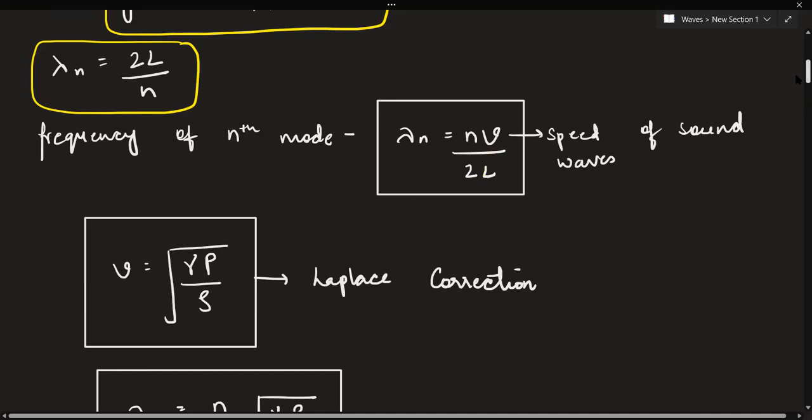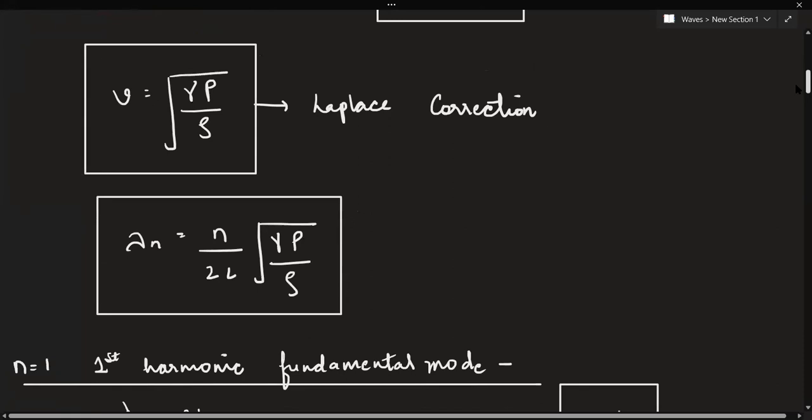Then we have one more term, Laplace correction. Laplace pointed out that Newton was wrong in assuming the pressure variation during the passage of sound. So Laplace pointed out a few corrections and it resulted in this equation: v is equal to under root gamma p by rho.